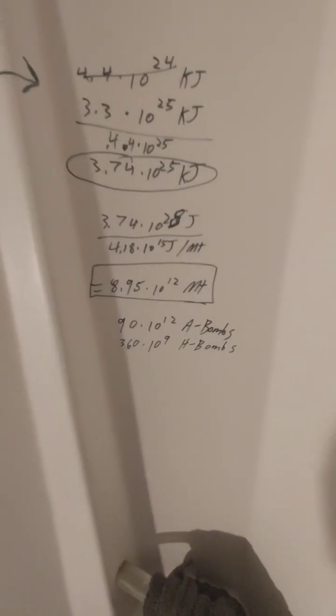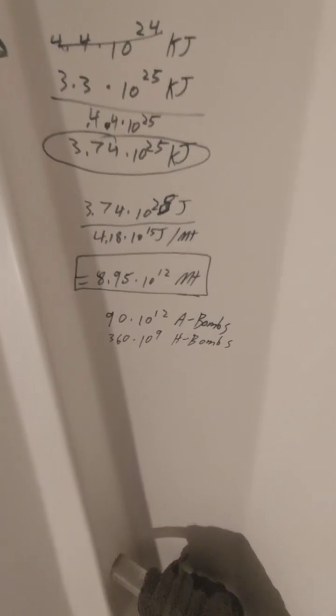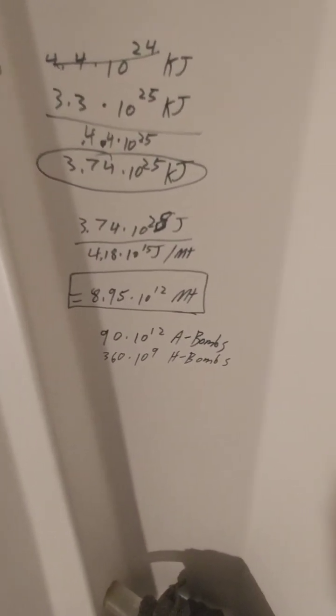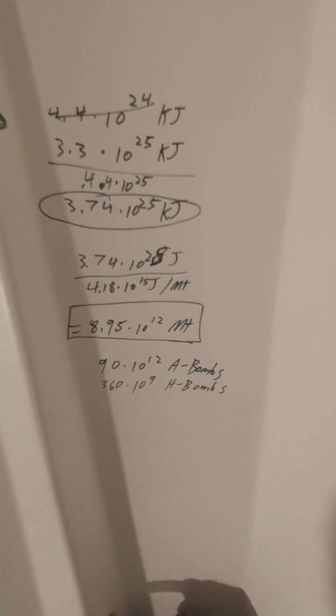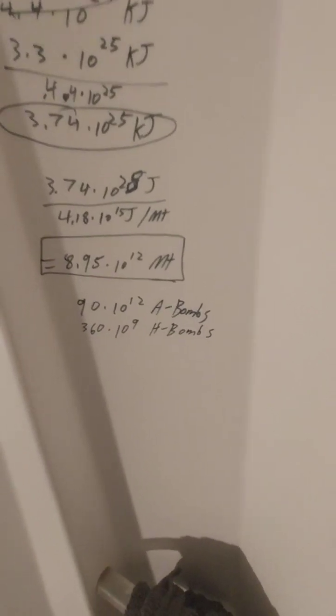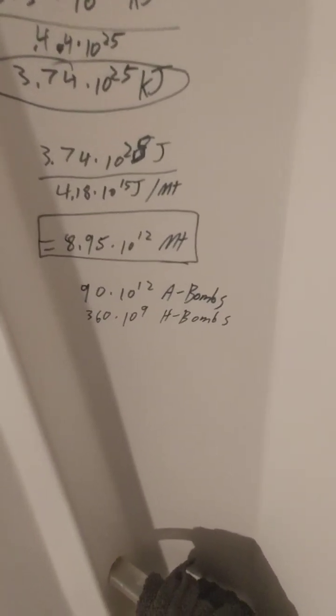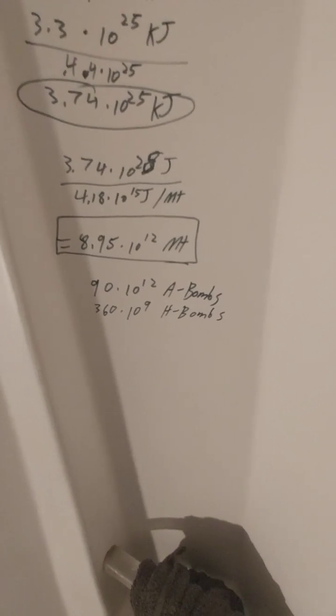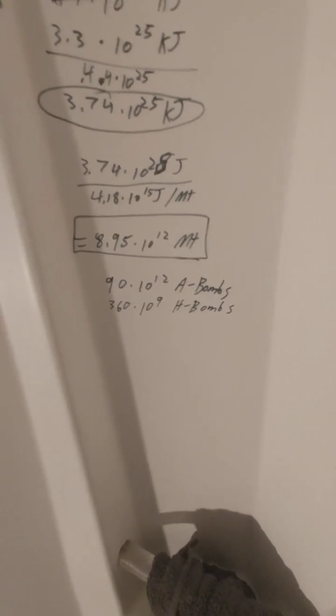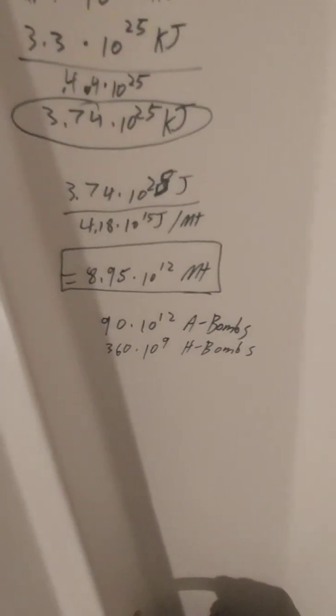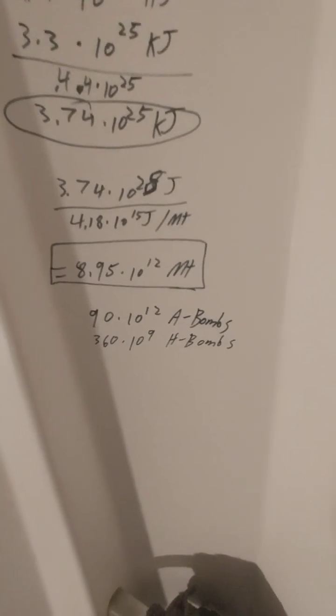Or even if it were right at its melting point right now, but just a little enough below it to have turned solid, it would still take 360 billion hydrogen bombs to cause it to melt, because it takes extra energy to undergo that phase transition.